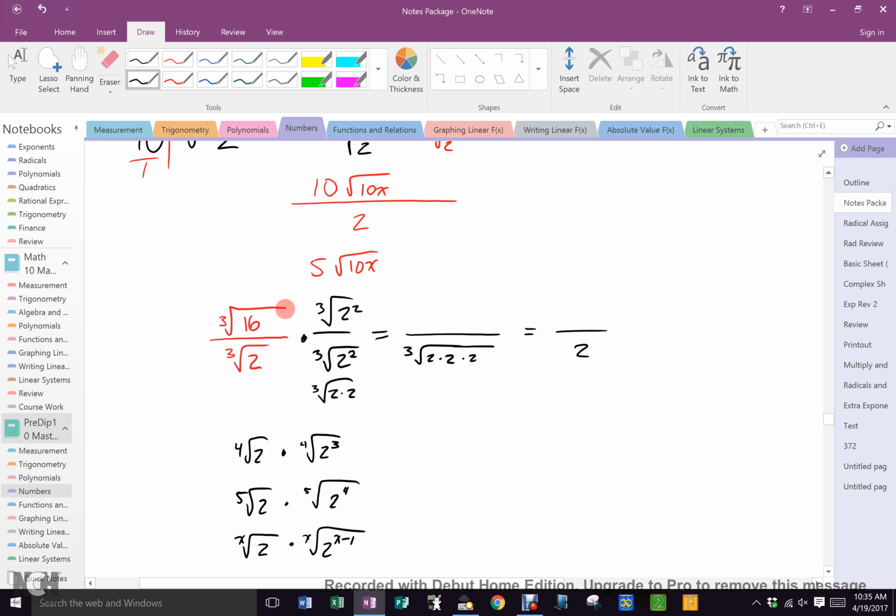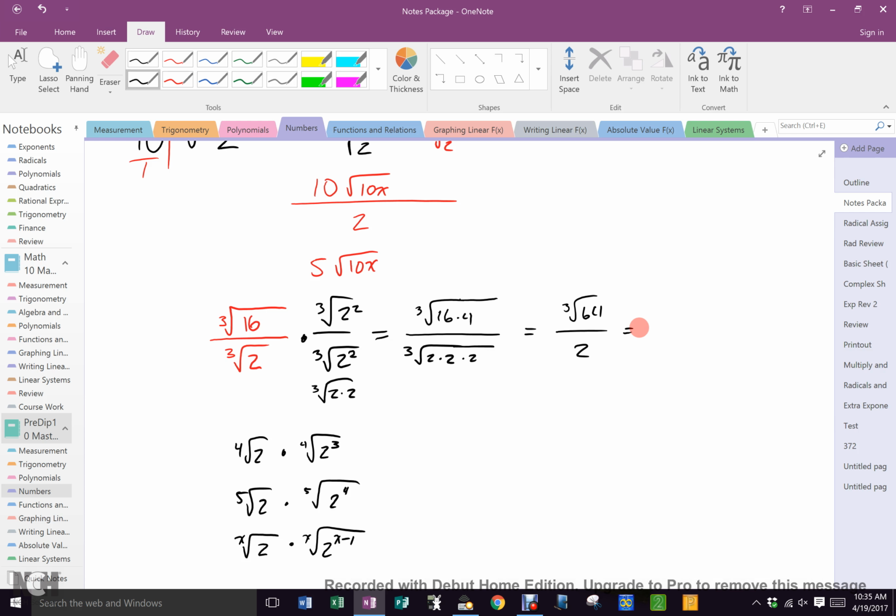Cubed root of 16 times the cubed root of 2 squared. What is 2 squared? 4. So this is the cubed root of 16 times 4, yes? Because 16 times 2 squared. Everybody cool? What is 16 times 4? Cubed root of 64. Can I simplify that?